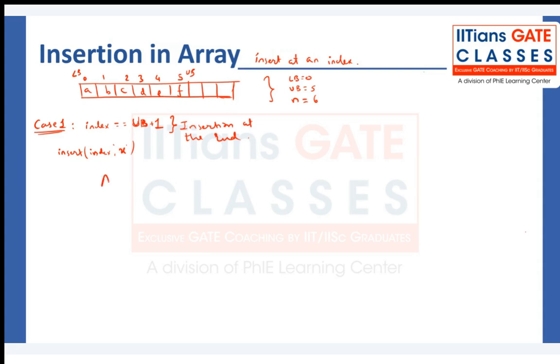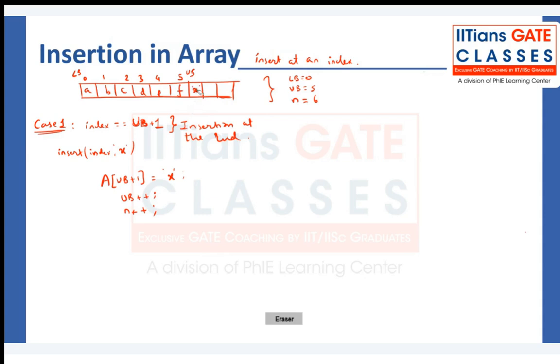So can I not just do array of upper bound plus one equal to X? I put in the X, then I increment my upper bound because I have a new element, and I also increase my number of elements because it has increased by one.